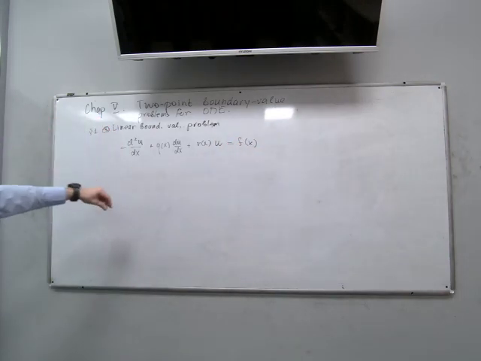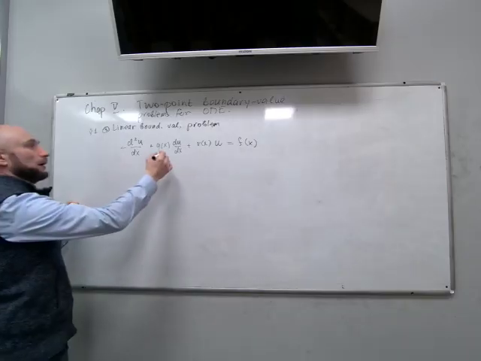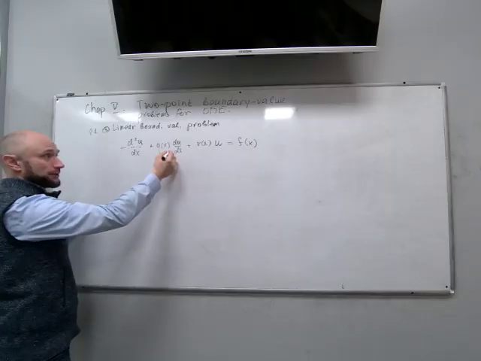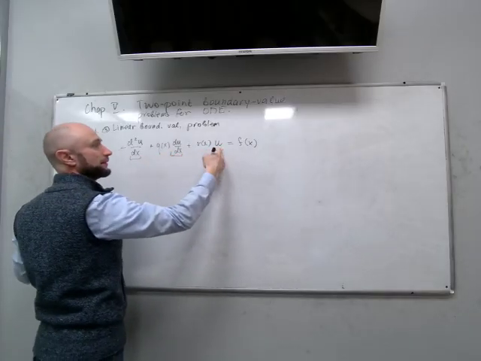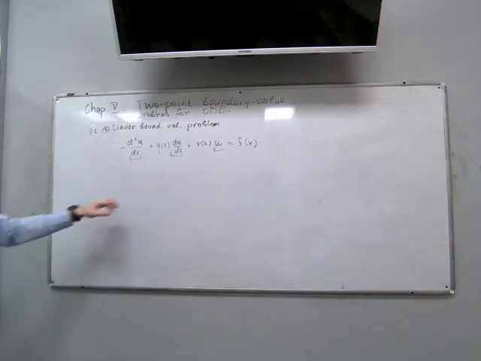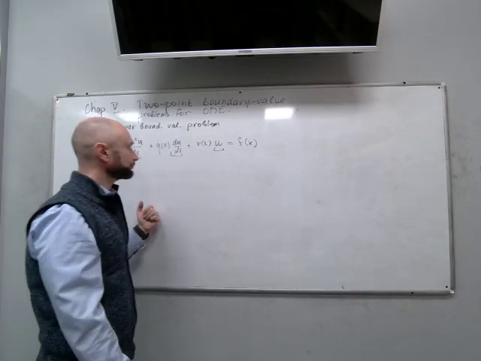So in this case, the equation may be written like this. Why is this called linear? Because all the derivatives and the function itself, the unknown function, are present in this equation linearly. Okay?